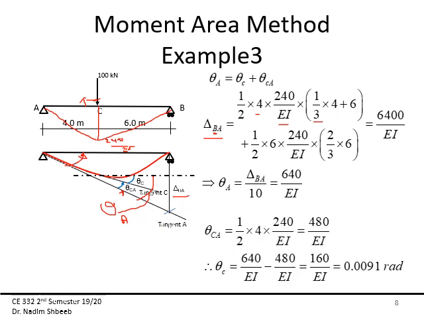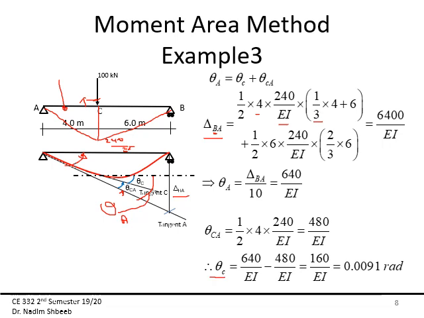Right? Now, theta CA on the other hand is going to be the area under the moment over EI diagram between point C and A. So technically speaking, we're just talking about this triangle right here. So this now is going to be equal to 1/2 times 4 times 240 over EI, which is going to be 480 over EI.